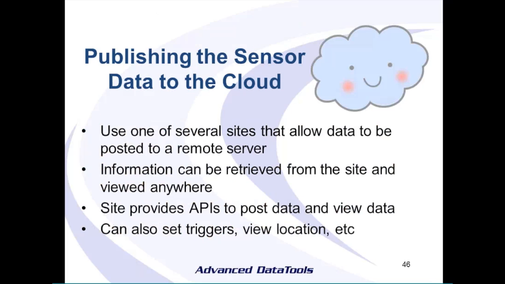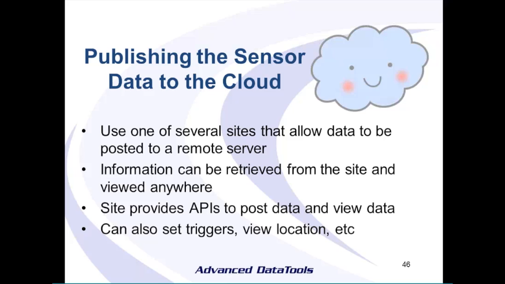So what we can do is push this data out to the cloud. There are several sites you can use to put that data in the cloud. And once it's in the cloud, you can just use your smartphone to connect to the cloud and pull that data down. You could create a private cloud, or depending on your business, you could avoid the cloud and secure all that data within your business, with a secure connection to it.